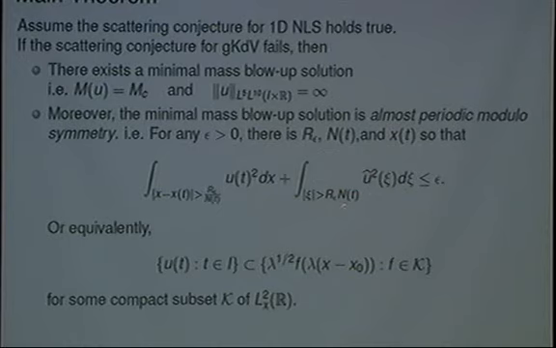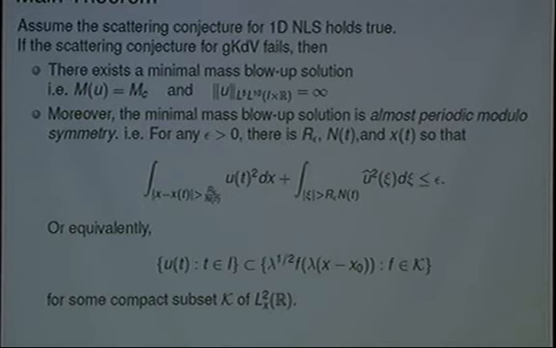That statement is equivalent to saying that u(t), where u is a solution for t in I, a rescaled version of u(t) is in a compact subset of L2. Actually those two statements are equivalent in view of the generalized KdV theorem.